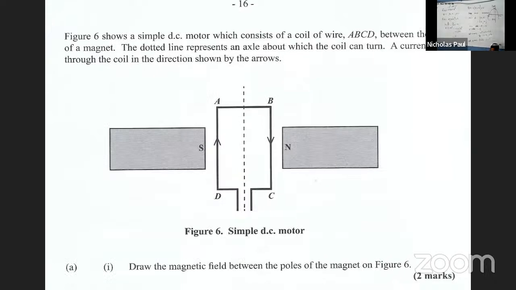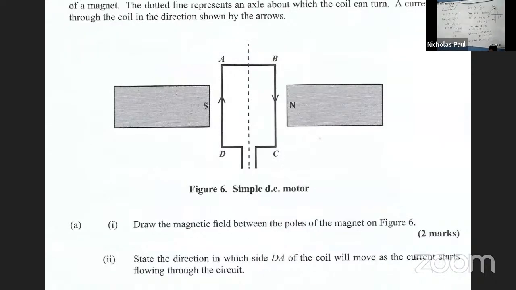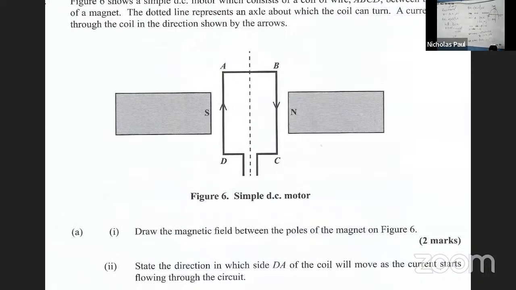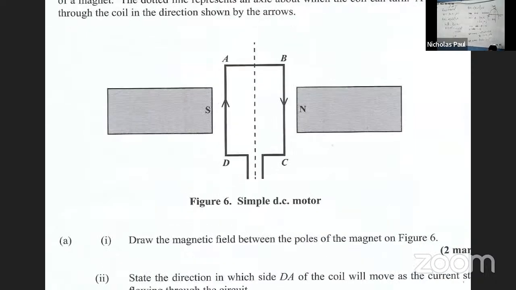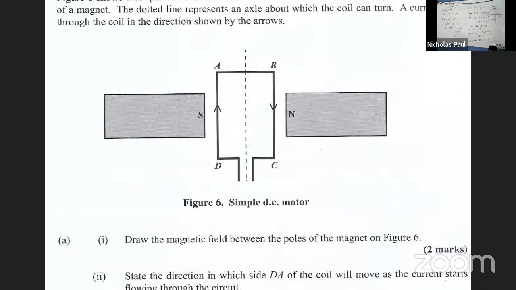Draw the magnetic field between the poles of the magnet. So your magnetic field is going from where to where? North to south, right? So do a quick little sketch now, because we had to put a direction on it, right?